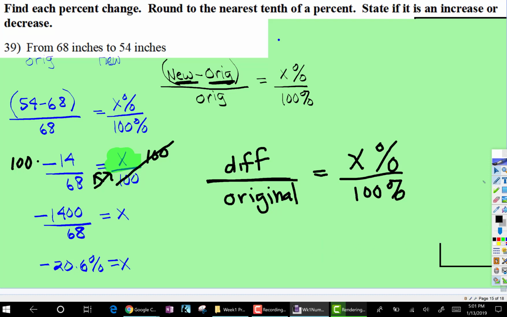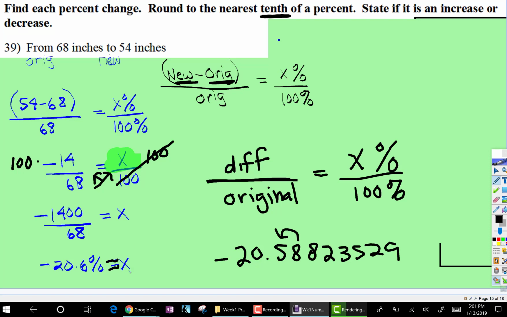Well, that's going to round, so negative 20.588235529. That's what the calculator says. But if we want it to the nearest tenth, well, this 8 is going to make that 5 round up. And then I should put a crooked equal sign. So about negative 20.6%. All right, now we're going to stop it.